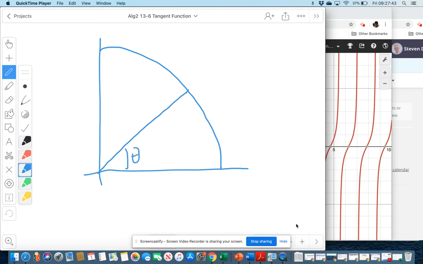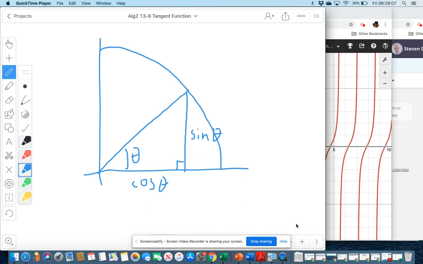And if I make a right triangle here, this is where we got the values for sine and cosine from, okay, by doing right triangles, okay, Pythagoras and all that. Those were our proofs. So these values are found on the unit circle, sine and cosine.